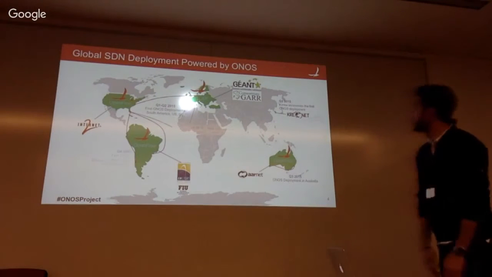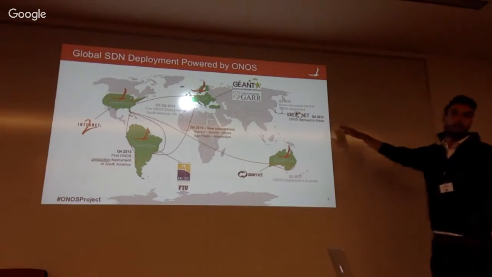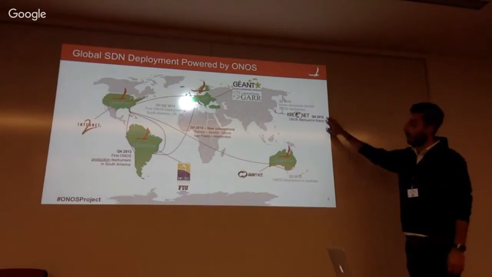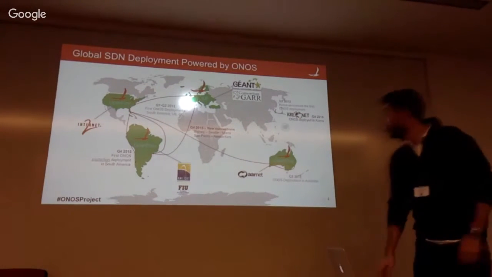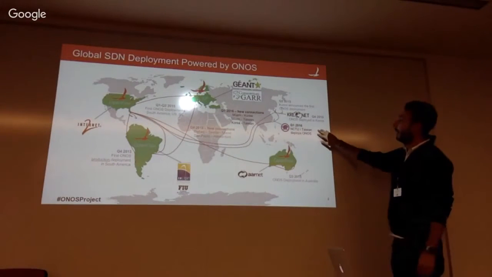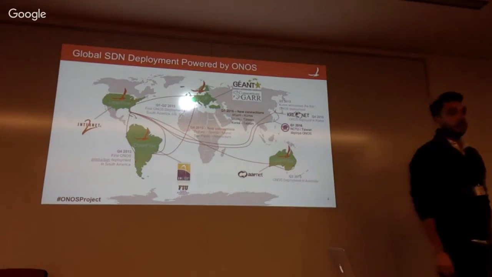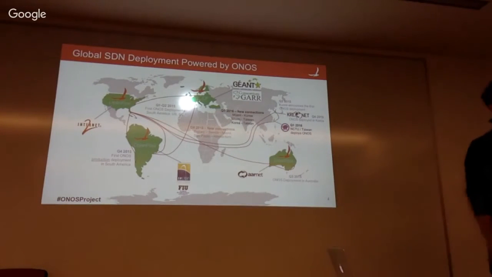And a couple of months later, we deployed the layer 3 features running on top of ONOS, always in CeNet. And moving forward, we connected also Taiwan with NCTU, and we created a richer topology to connect all the countries together that are now running a global SDN network.